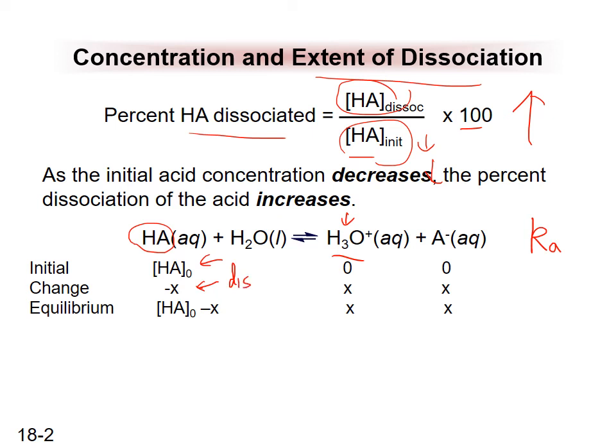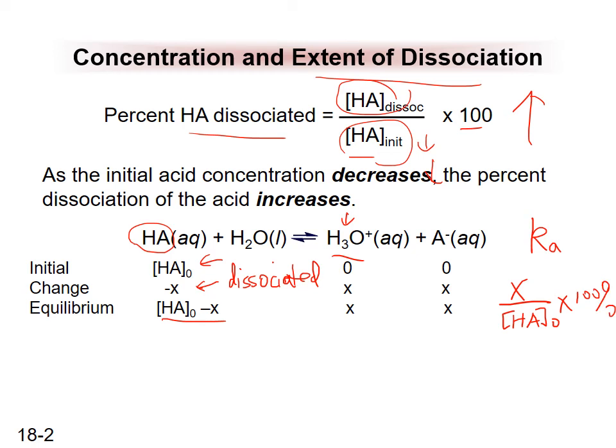So this is the dissociated acid, and this is the equilibrium acid concentration. So the percent of acid dissociated must be X divided by initial concentration, times 100. So that's the percent acid dissociated.